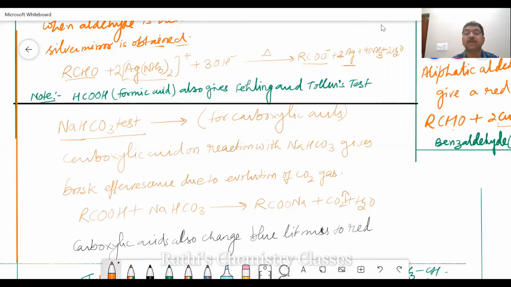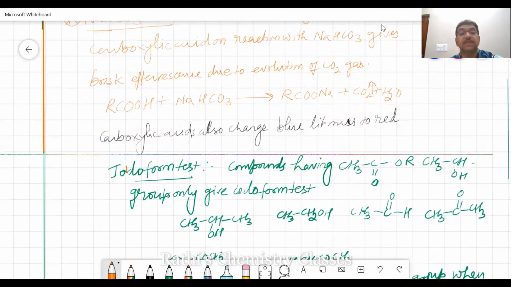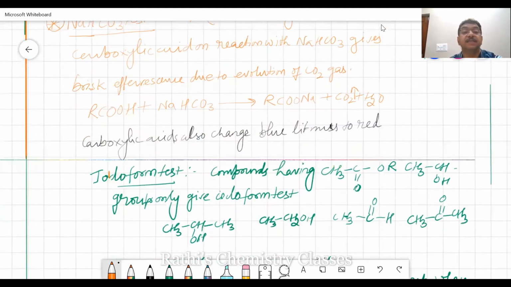But the sodium hydrogen carbonate test is only given by carboxylic acid. So whenever you distinguish carboxylic acid from any other compound, try to use only the sodium hydrogen carbonate test. So this is the test for carboxylic acid.